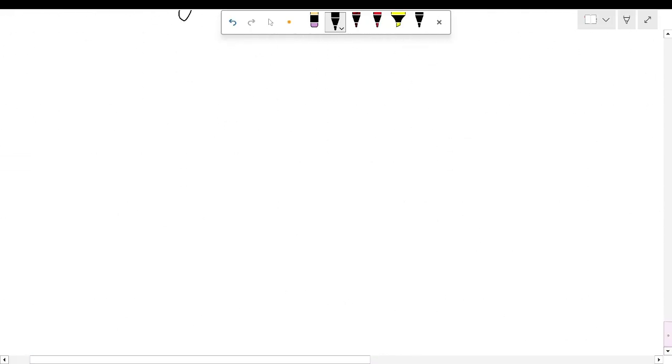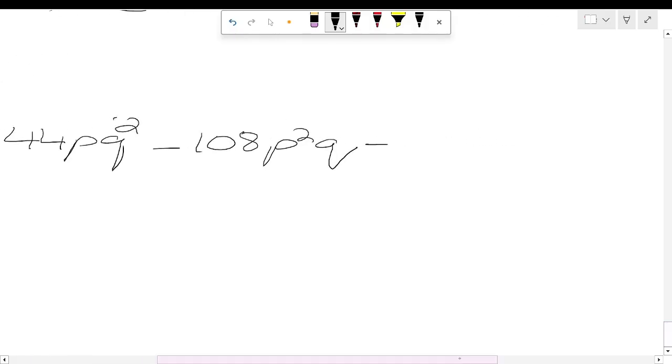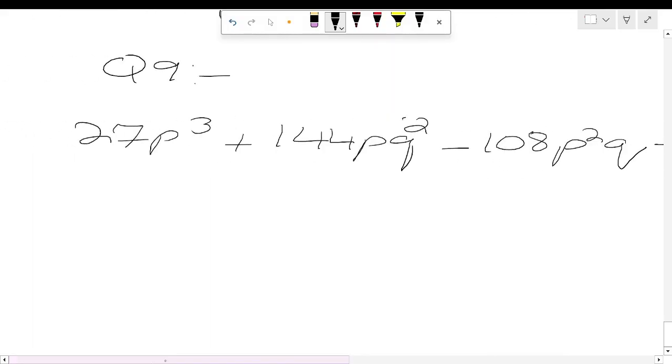Now question number 9 states that we have an expression which is 27p cube being added with 144 p q square subtracted from 108 p square q, and it's again being subtracted from 64 q cube. Now how will we solve this expression?